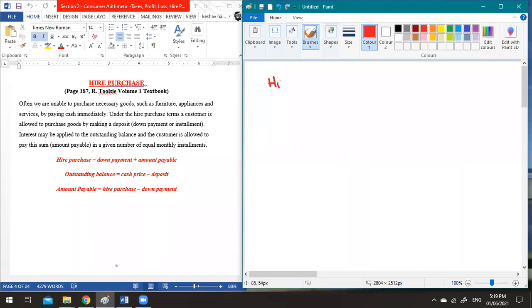So hire purchase. Hire purchase is when you buy an item on terms. And when you buy an item on terms, you always pay a down payment. And then you pay equal monthly or weekly or yearly installments over a period of time.